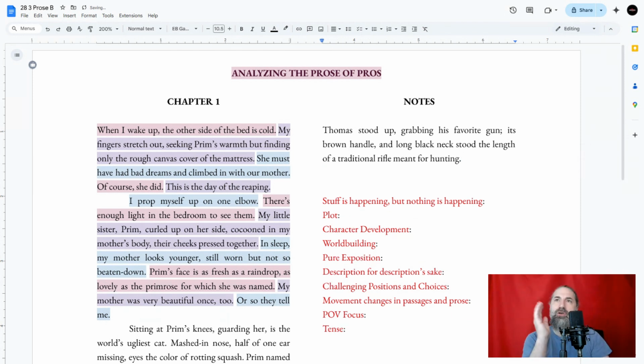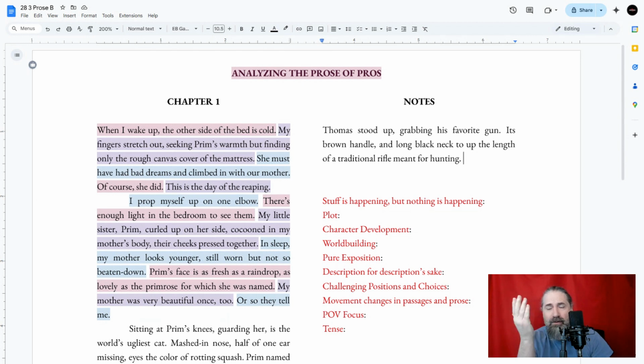All right. So Thomas stood up, grabbing his favorite gun. The narrative truth is we have to now describe the gun. It's a brown handle, a long black neck, took up the length of a traditional rifle meant for hunting.